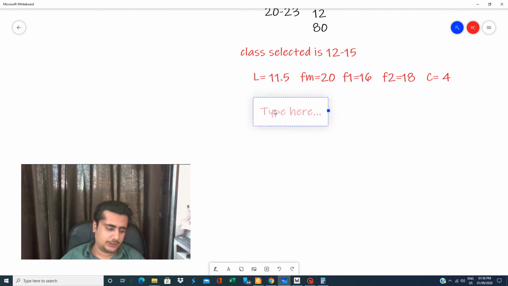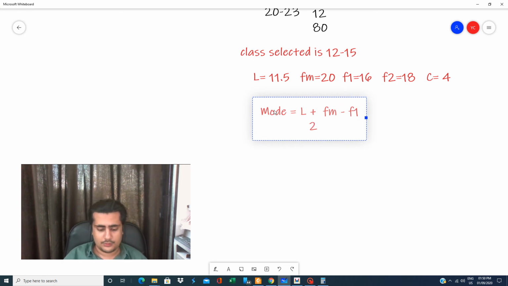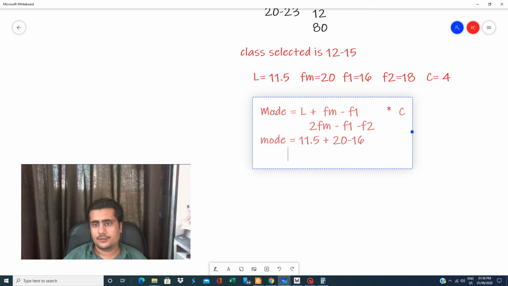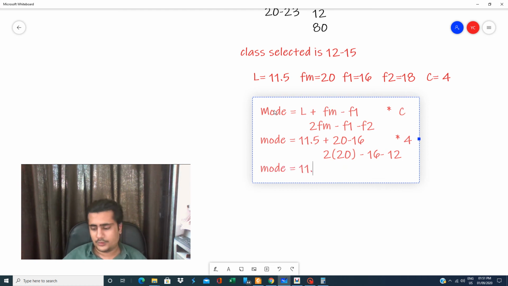Then let us find the formula. Mode is equal to L plus (Fm minus F1) upon (2Fm minus F1 minus F2) into C. So mode is equal to 11.5 plus 4 upon 2 into 20 is 40, 40 minus 16 minus 12.